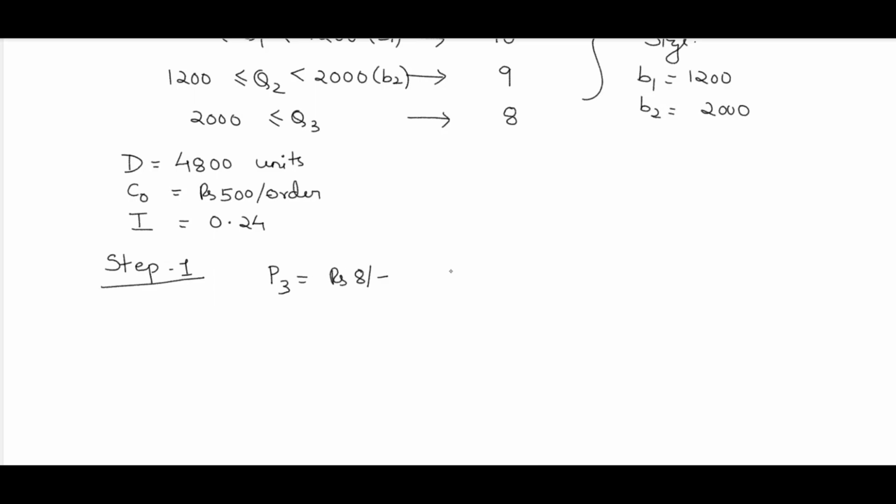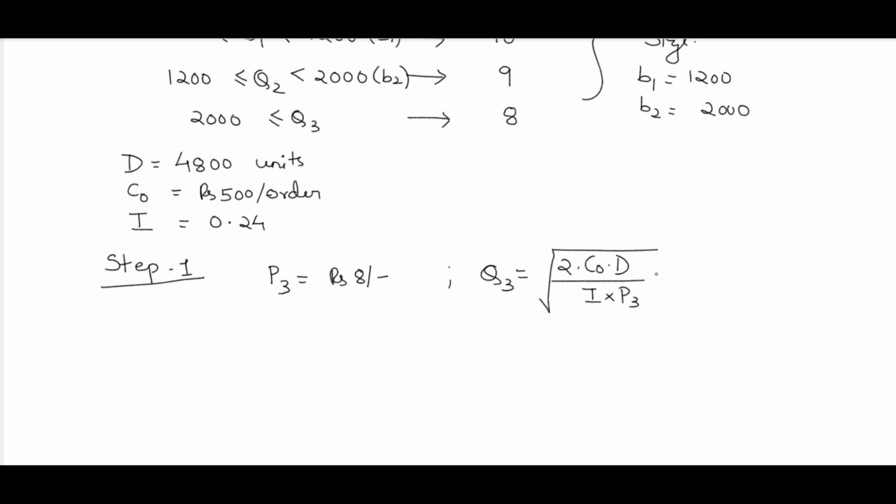Now we will compute Q3. We are not giving the star symbol yet. So Q3 will be equal to the square root of twice C0 D divided by I into P3. This is the formula for EOQ.